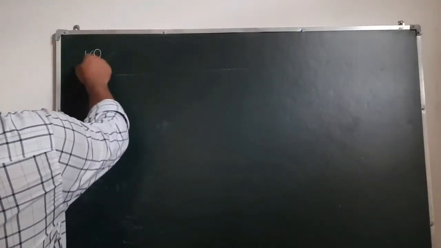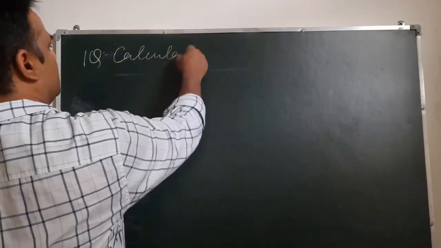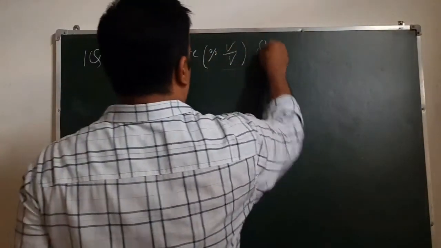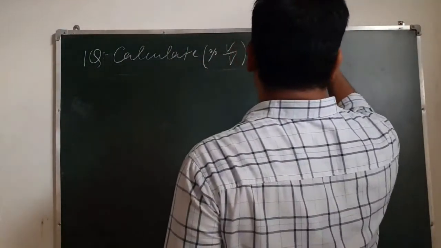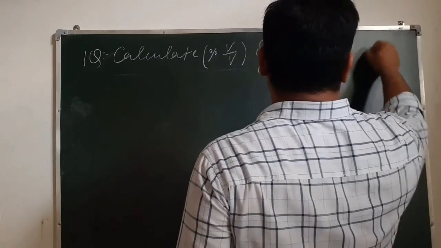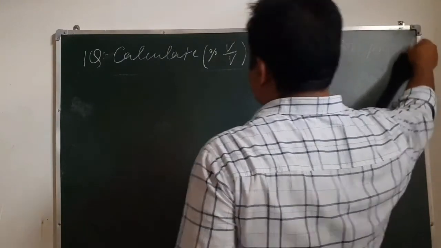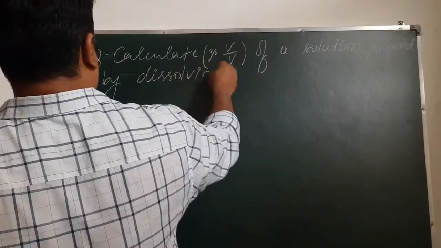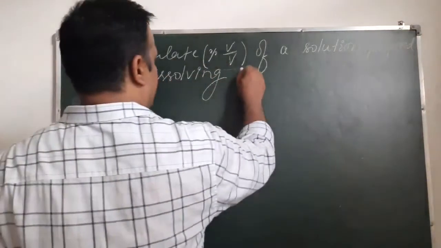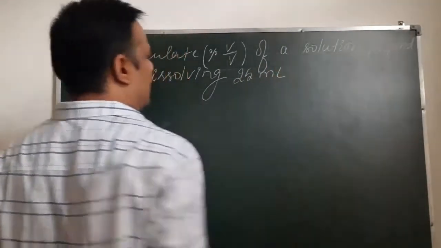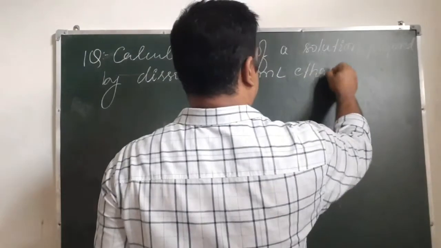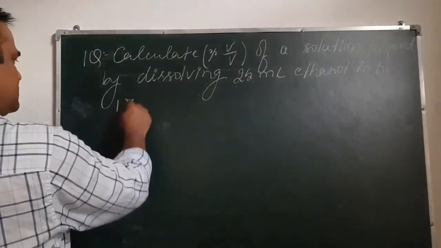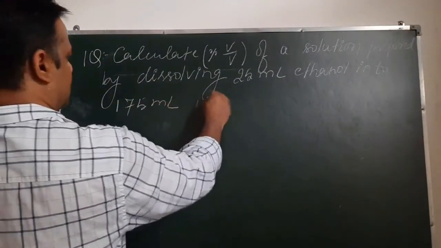First question is: calculate percentage volume by volume of a solution prepared by dissolving 25 ml ethanol into 175 ml water.